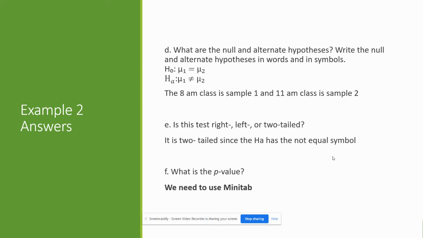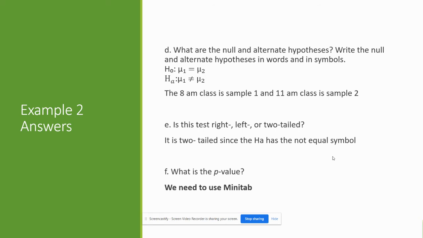So what are the null and the alternative hypotheses? All right. So if you go back, it said, is there a difference? It didn't say, did 8 a.m. do less than? Did it do greater than? It didn't. It just wanted to know if it was different. So again, I'm going to look at 8 a.m. as sample 1. 11 a.m. is going to be sample 2.